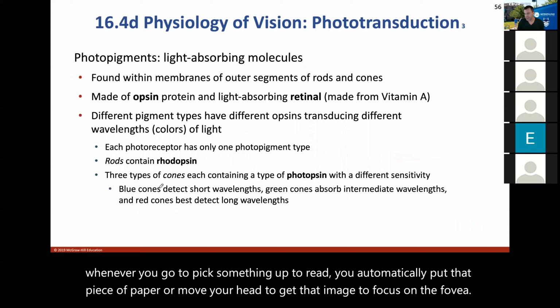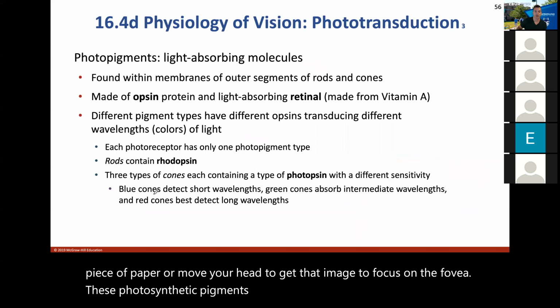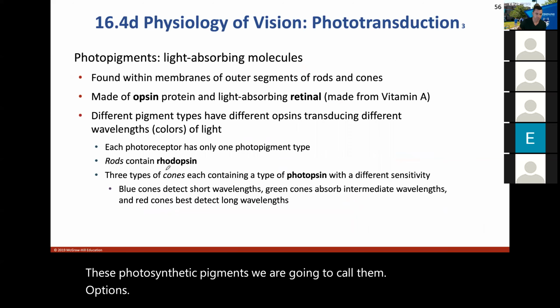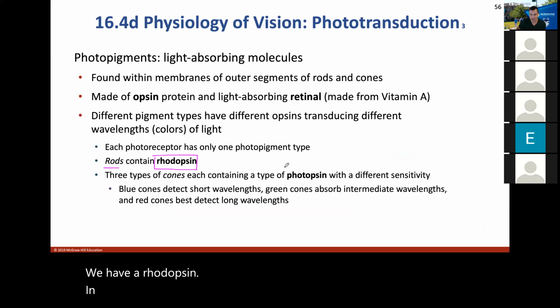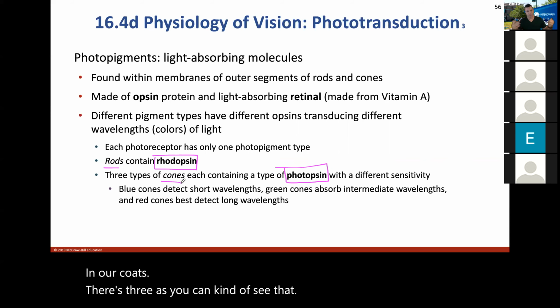These photosensitive pigments, we are going to call them opsins. We have a rhodopsin in rods, and we'll just call it photopsin in our cones. There's 3, as you can kind of see there. They respond to different wavelengths.